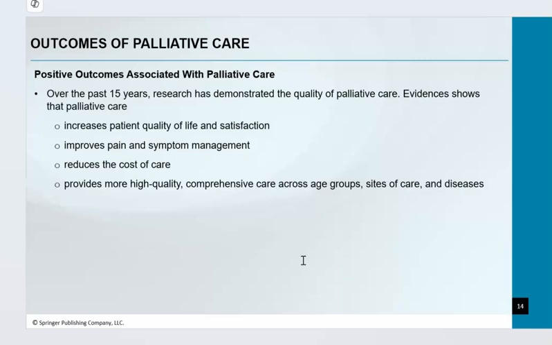So the evidence shows that we have improved the patient quality of life and satisfaction, which a lot of our billing now in America is tied into satisfaction scores. We are improving pain and symptom management, and we're reducing the cost of care. And that is buried in that indirect way, but I see it every day.